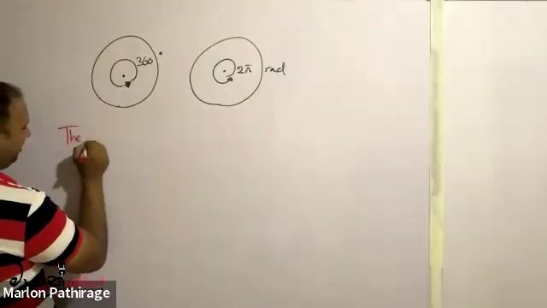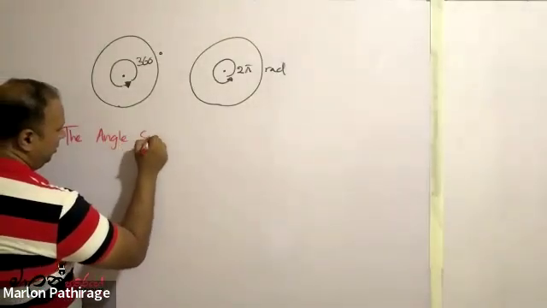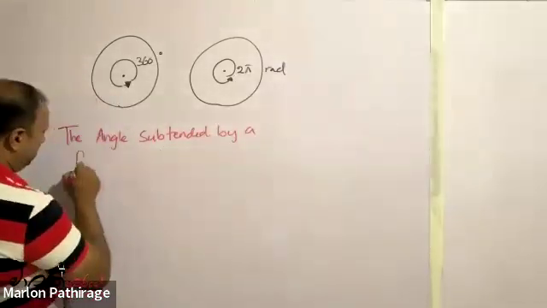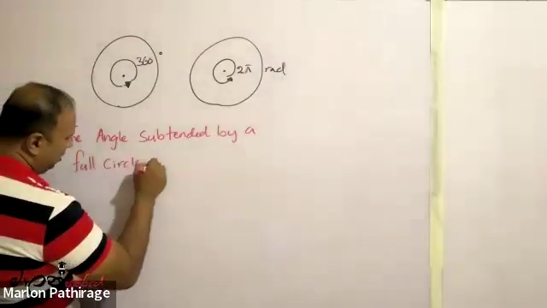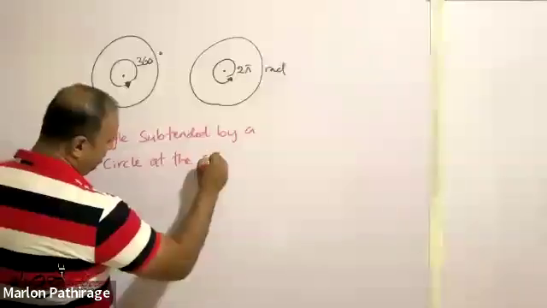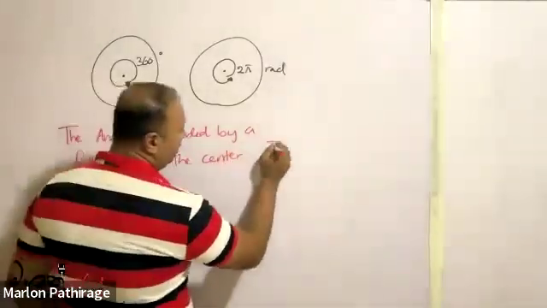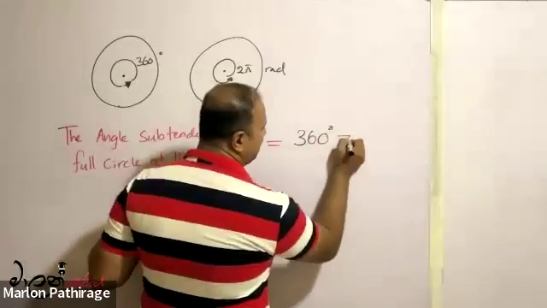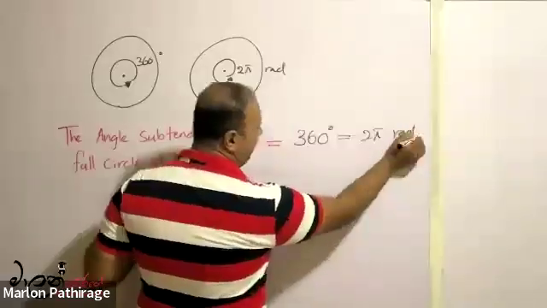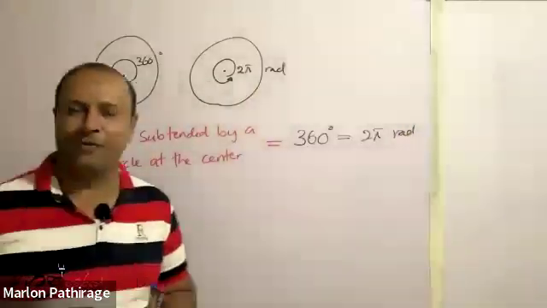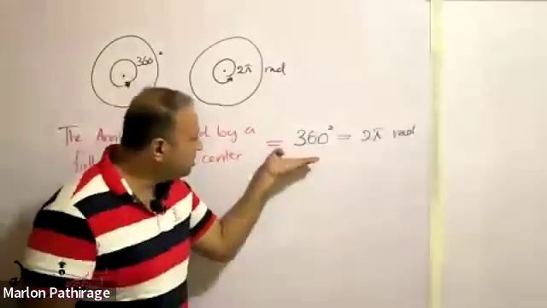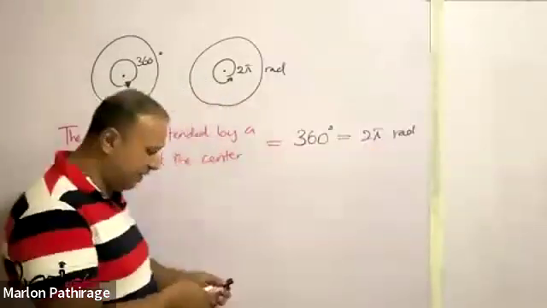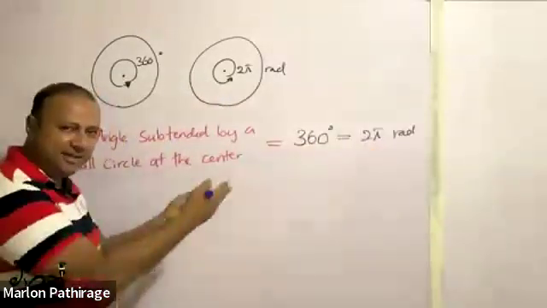The angle is equal to 360 degree, and that is equal to 2π radian, Pute. Therefore, we can build an argument, Pute. That means 360 degrees is equal to 2π radian. That is the relationship.